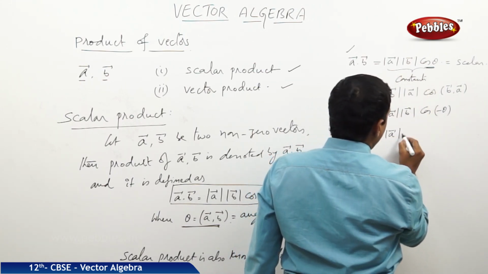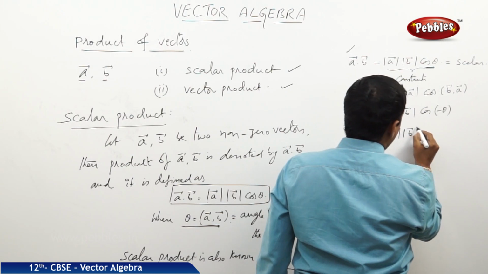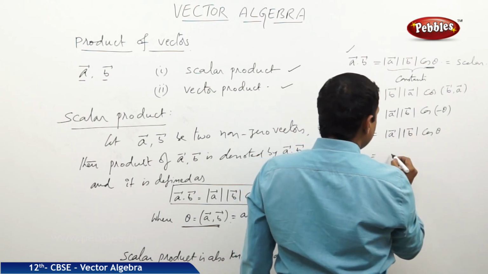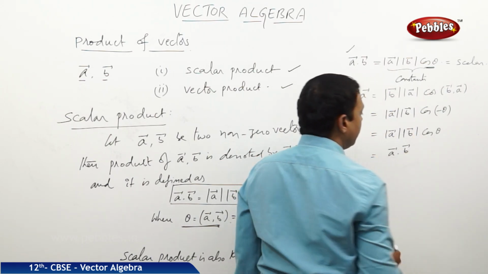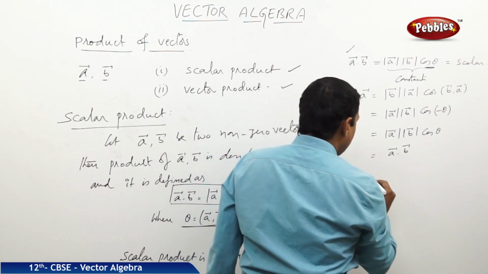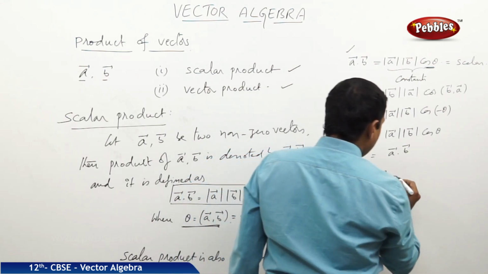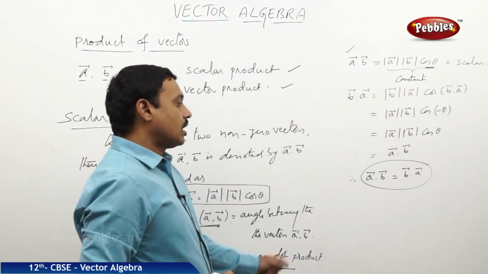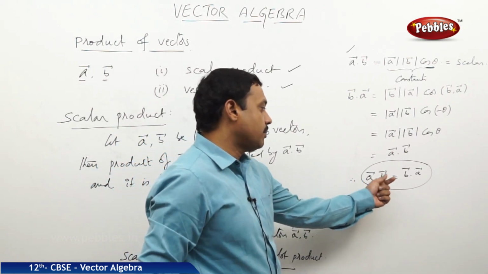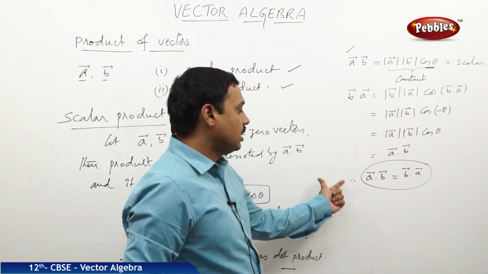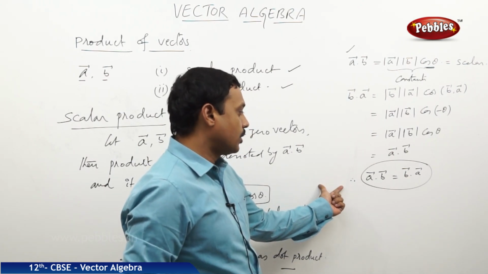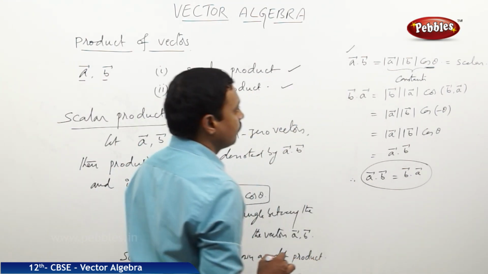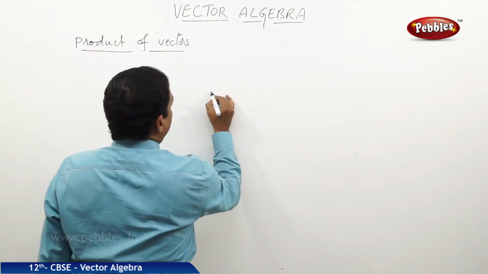Cos of minus theta is nothing but cos theta. Therefore again it is the same value. Hence A bar dot B bar is the same as B bar dot A bar. So the dot product of A and B is the same as that of B and A. Hence the dot or scalar product is commutative.